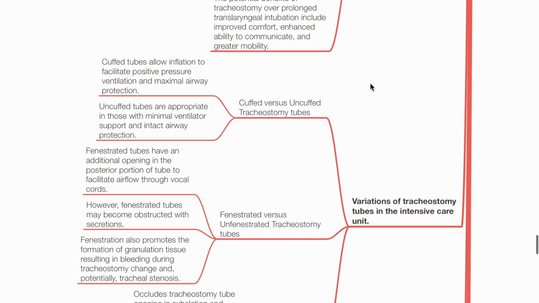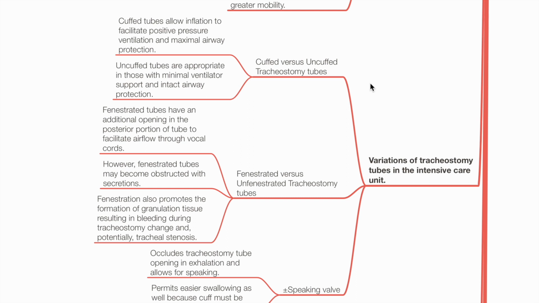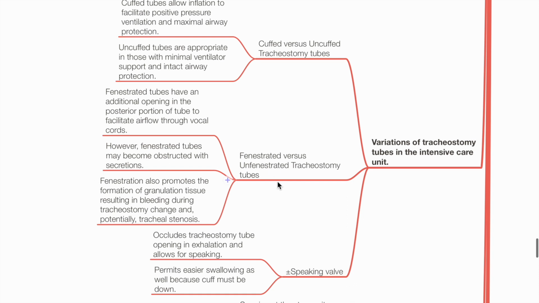What are the variations of tracheostomy tubes in the intensive care unit? This includes cuffed versus uncuffed tracheostomy tubes. Cuffed tubes allow inflation to facilitate positive pressure ventilation and maximal airway protection. Uncuffed tubes are appropriate in those with minimal ventilatory support and intact airway protection. Tracheostomy tubes may be fenestrated or unfenestrated. Fenestrated tubes have an additional opening in the posterior portion of the tube to facilitate airflow through the vocal cords.